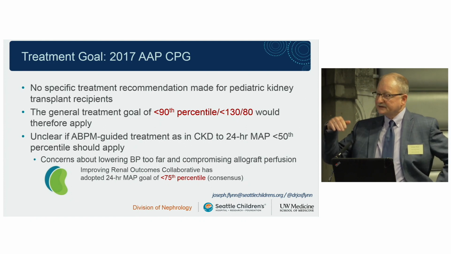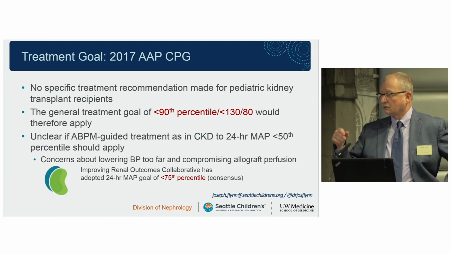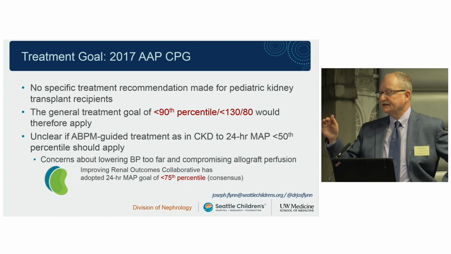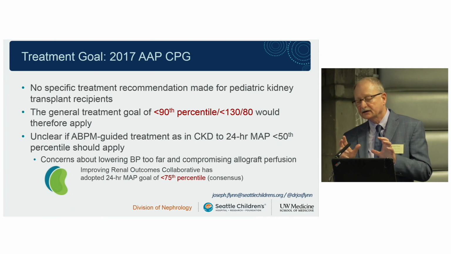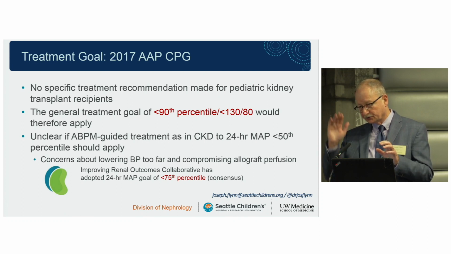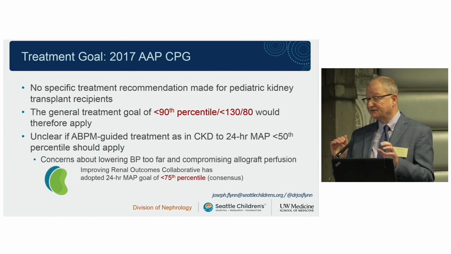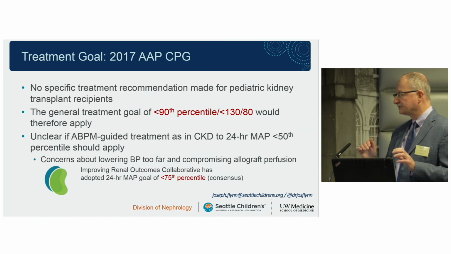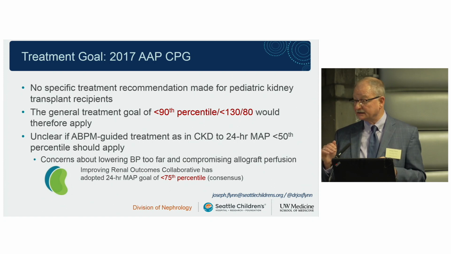But then, we looked at the ESCAPE data and we endorsed the ESCAPE goal for transplant for CKD patients in the AAP guideline. But when we were talking about this in IROC, the Improving Renal Outcomes Collaborative, and trying to decide what goal we were going to use for controlled hypertension based on ABPM, there was a lot of unhappiness with 50th percentile of MAP because people are concerned about hypotension, particularly overnight in these patients.